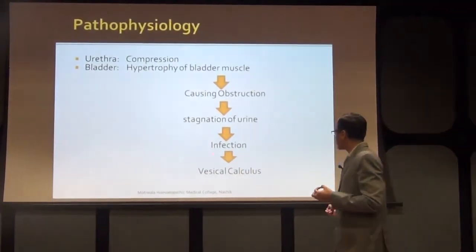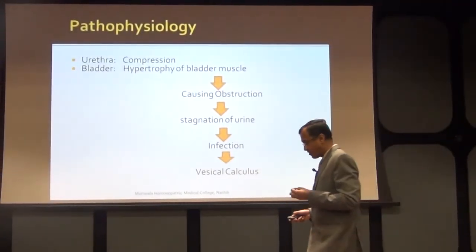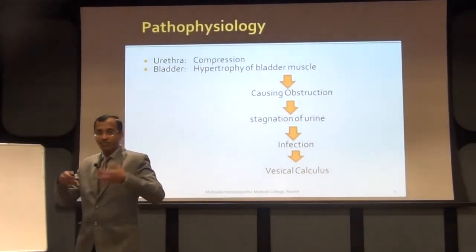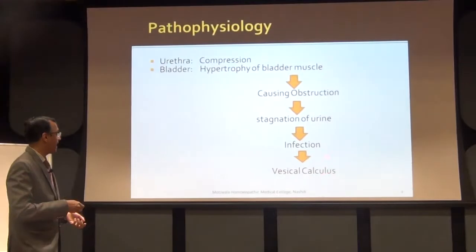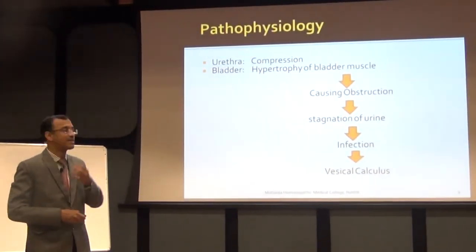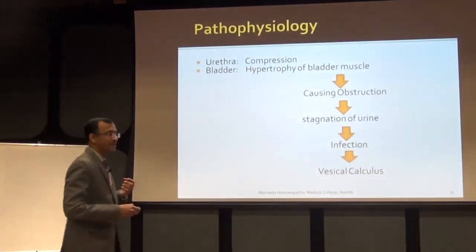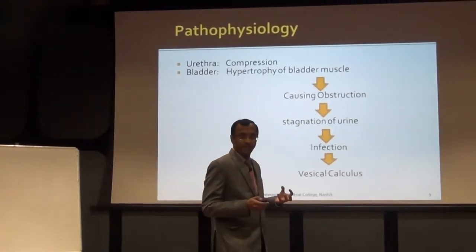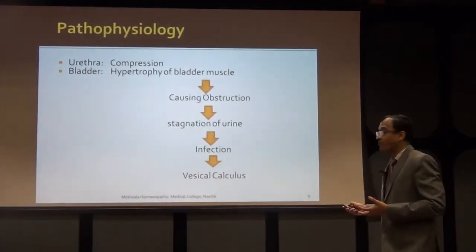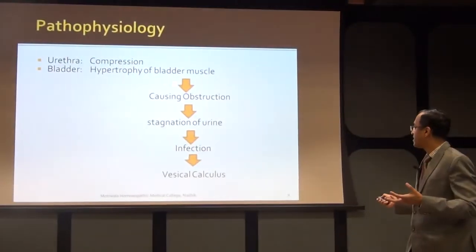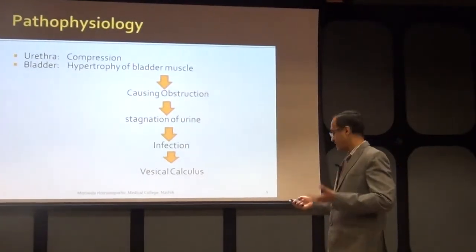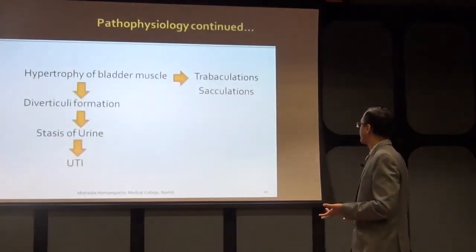Further to this infection, pathogens develop in the stagnated urine and can be a source for the formation of infective vesical calculi. So understand that in the urinary bladder, prostatic hypertrophy can cause changes from hyperplasia of the bladder muscle to obstruction, stagnation, infection and formation of vesical calculi.